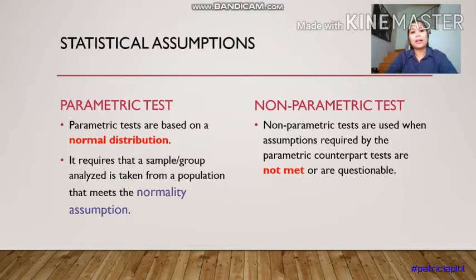However, if the data is not normally distributed, there are tests to indicate whether the data is normal. If it is not normal, then a non-parametric test is suggested to analyze the data or to do the hypothesis testing.